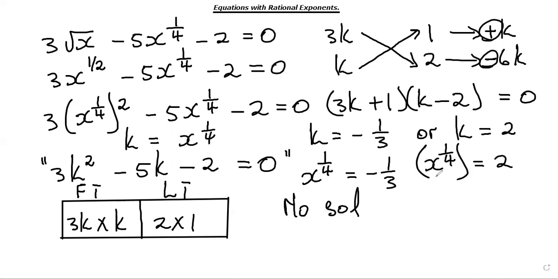Then we raise everything to the power of the reciprocal of the exponent. So once again, the value of x will be 16. I'm not sure why I said 60. But yes, this is how you should take care of equations that have rational exponents.